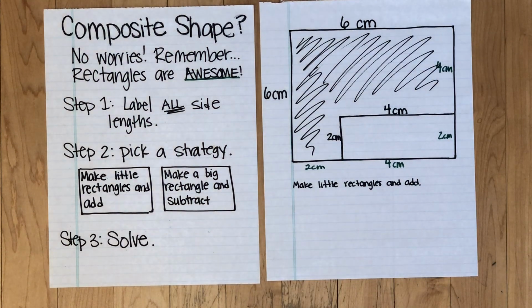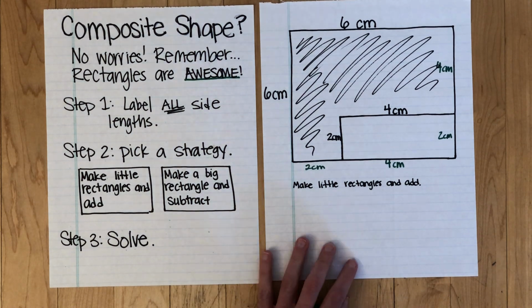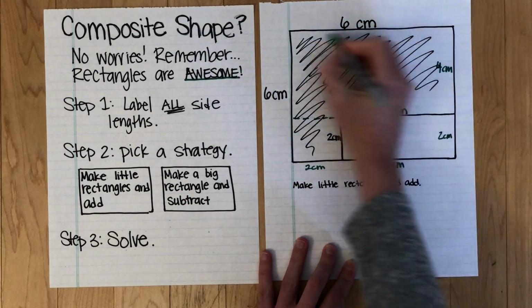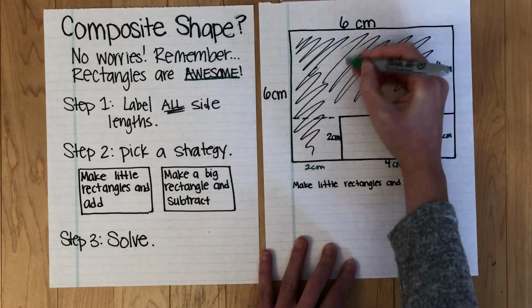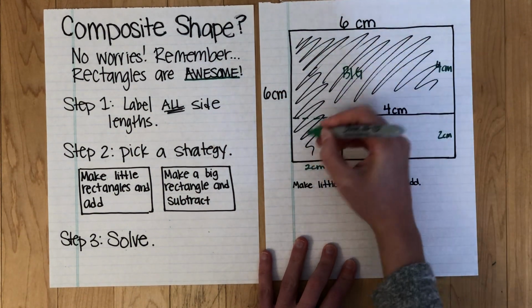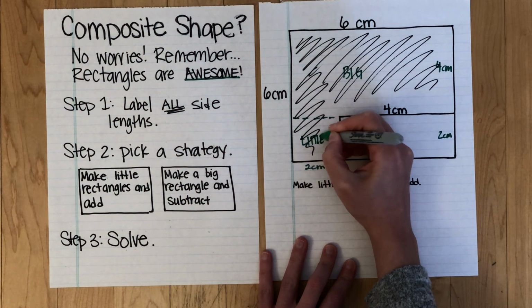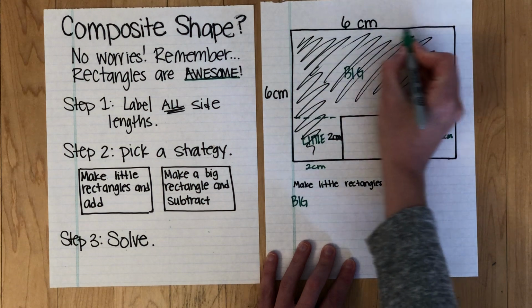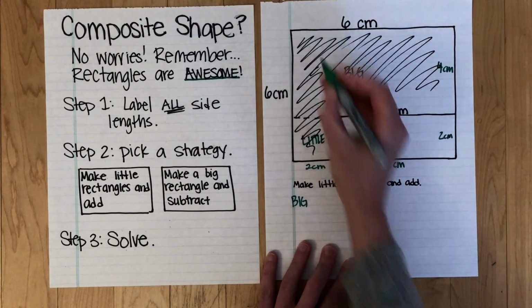So we labeled all our side lengths, and now we need to pick a strategy. So the strategy I'm going to do for this one is to make little rectangles and add. I'm going to do this rectangle and this rectangle. I'm going to call this my big rectangle, and I'm going to call this my little rectangle. So for my big rectangle, the top has a side length of 6 centimeters.